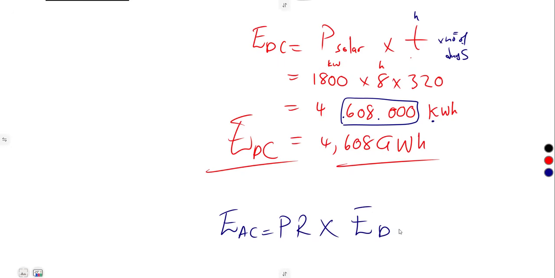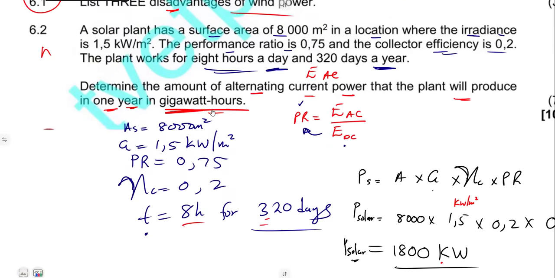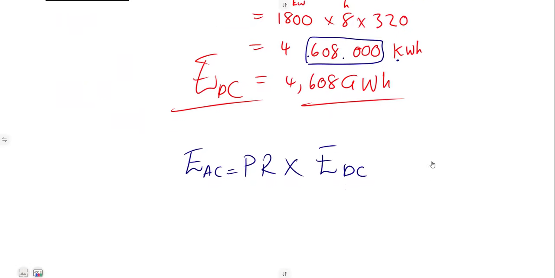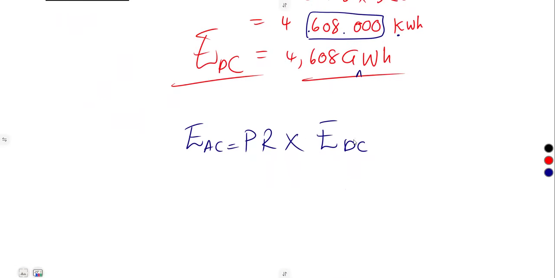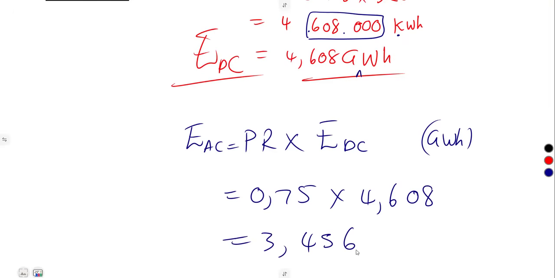They asked for gigawatt hours, and already we've got gigawatt hours from our EDC. So the performance ratio, 0.75, times this EDC, 4,608 gigawatt hours, gives us 3,456 gigawatt hours.